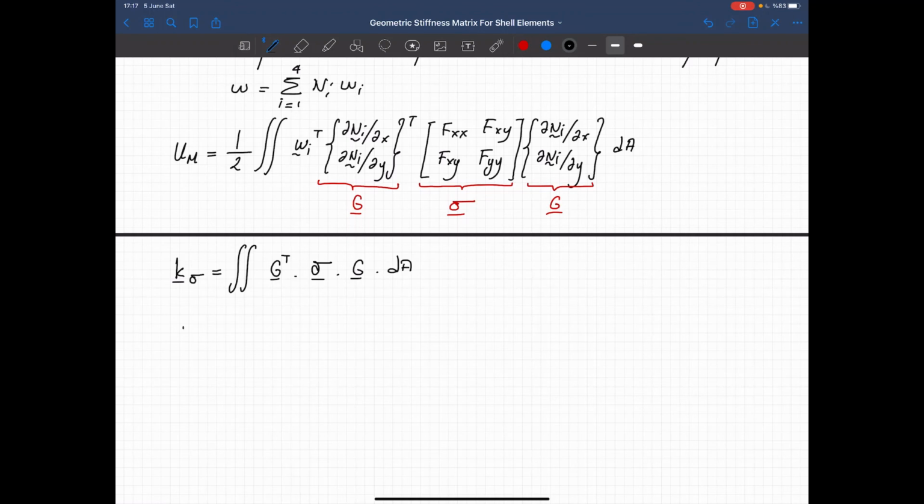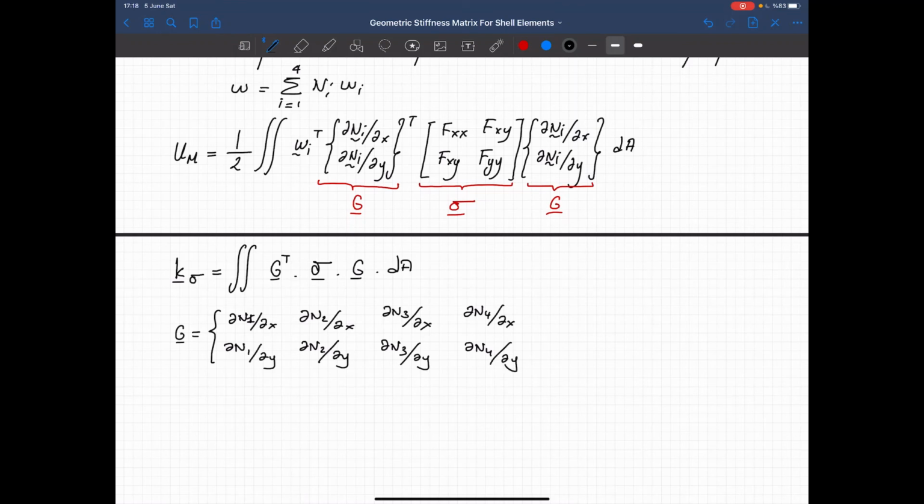And in that case, G will be equal to del N1 del X, del N2 del X, and at the bottom I have del N1 del Y, del N2 del Y, del N3 del Y and del N4 del Y, where Vi is equal to the transverse displacements at the nodes.